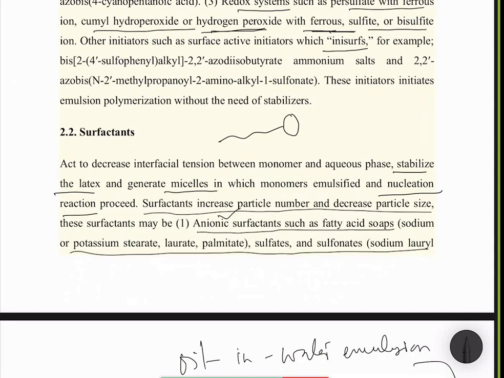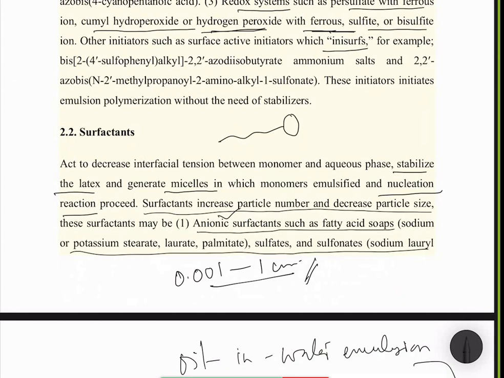Now surfactants increase particle number and decrease the particle size, right? In suspension polymerization we did not mention the use of any surfactant. For that, the particle size was 0.0012 to about 1 centimeter, but here the particle size is much less because of the presence of this surfactant.